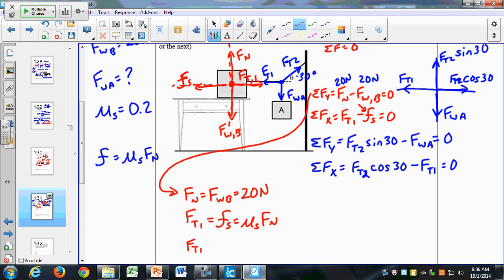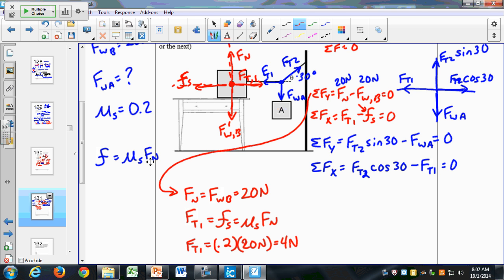So Ft1 then is equal to 0.2, which is given, times the normal force, which is 20 newtons. Or what's that? 4? Yeah, 2/10 of 20 is 4. So I can find that Ft1.